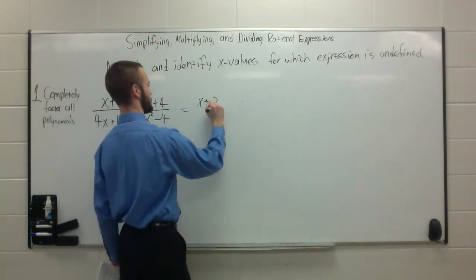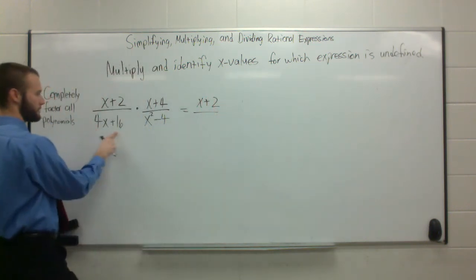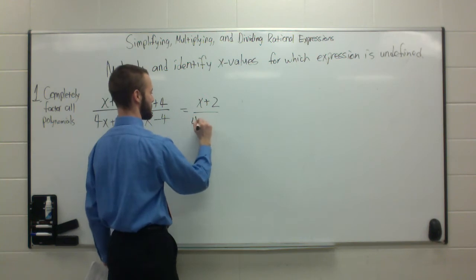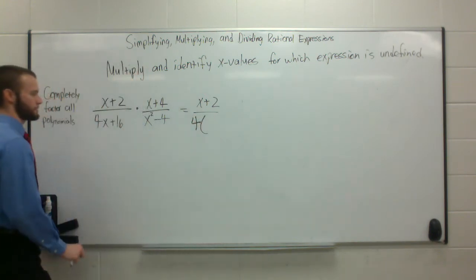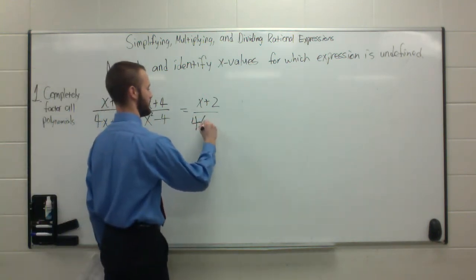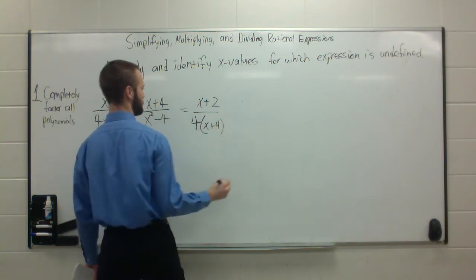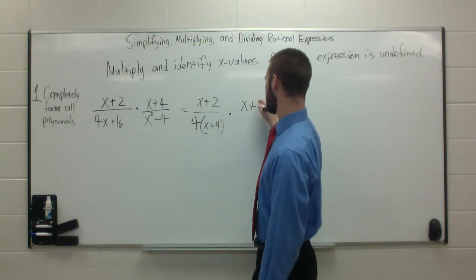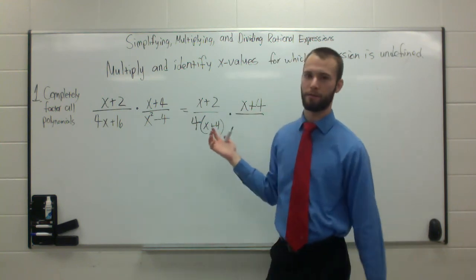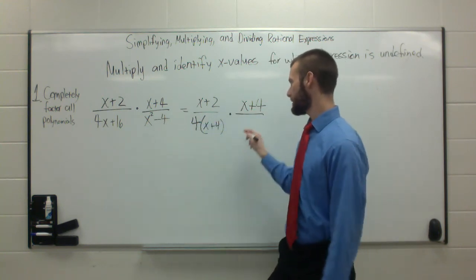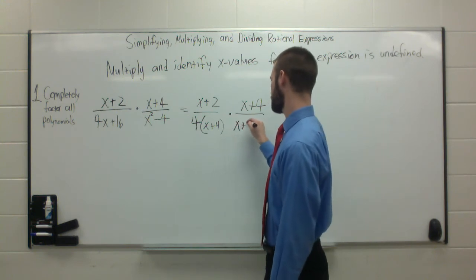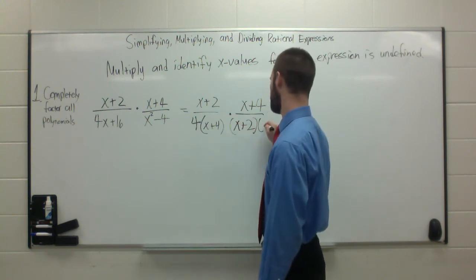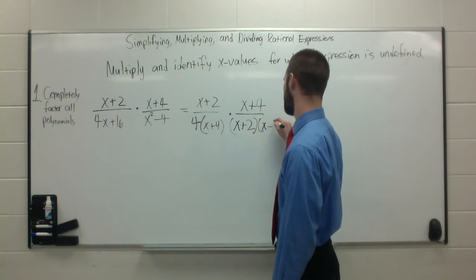So the x plus 2, I'll just rewrite. 4x plus 16, I can factor out a common factor of 4 from each of those terms, and I'm left with x plus 4. Again, x plus 4 in the numerator, you can't factor that any further. But x squared minus 4, you should recognize, factors to x plus 2 times x minus 2.